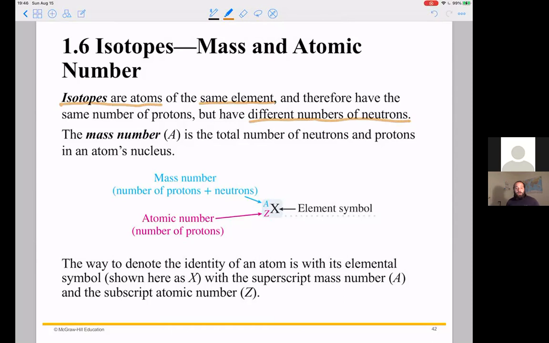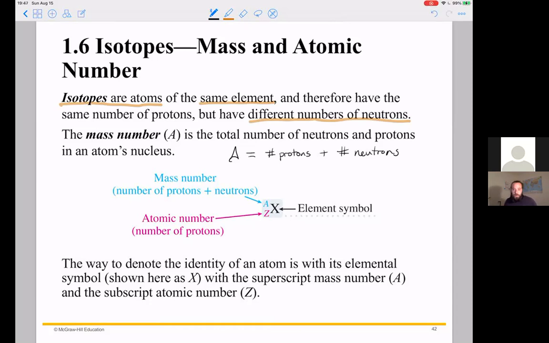Okay? When we talk about the different isotopes of something, we use something called the mass number, symbolized by A. And the mass number is equal to the number of protons plus the number of neutrons. Because remember, that's where the vast majority of the mass of these atoms are. They're in the protons and neutrons.